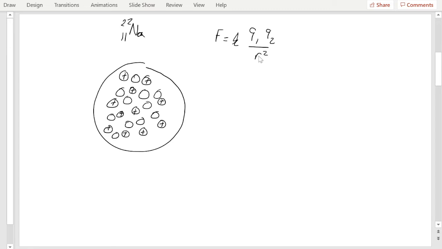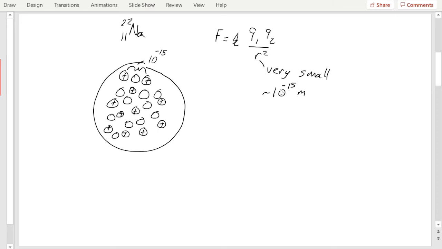And when you're talking about atomic distances, especially the distances across nuclei, this is a very small number, typically on the order of maybe 10 to the negative 15 meters. So this is really, really small.